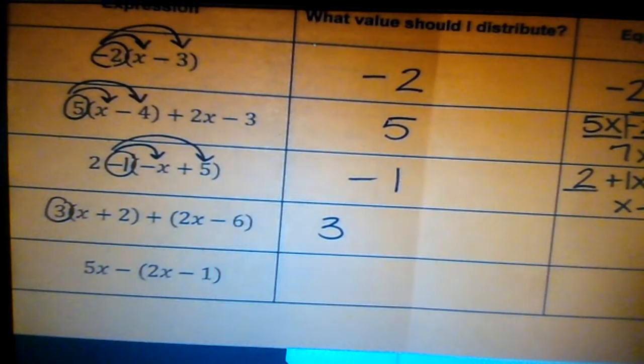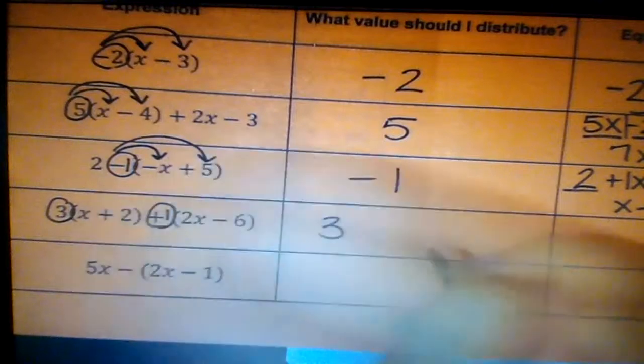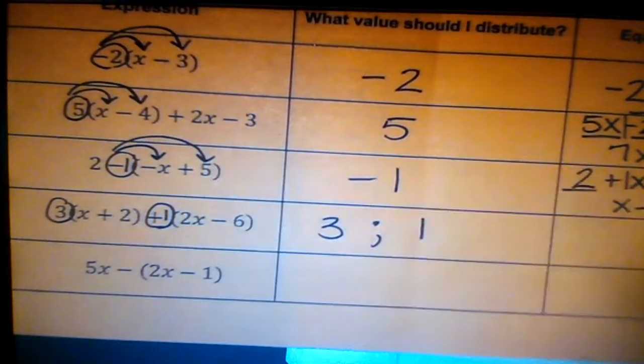What's in front of the other set of parentheses? There's a plus, and there's nothing written there, so there's technically a 1. Okay? So we actually have to distribute a positive 1. So we've got both of those.